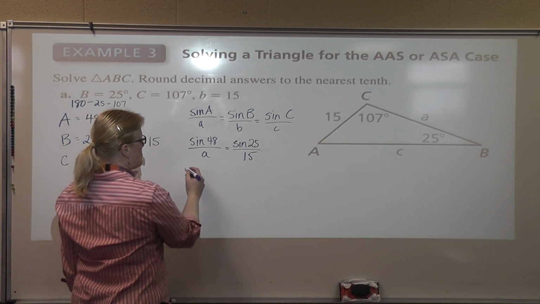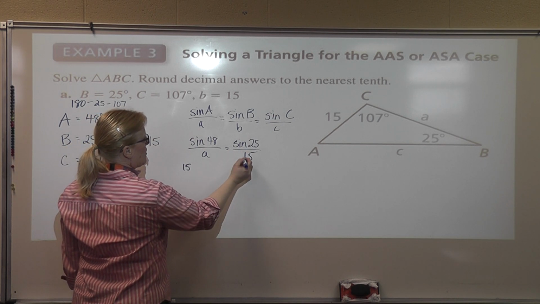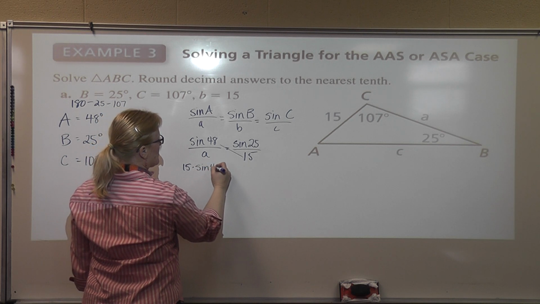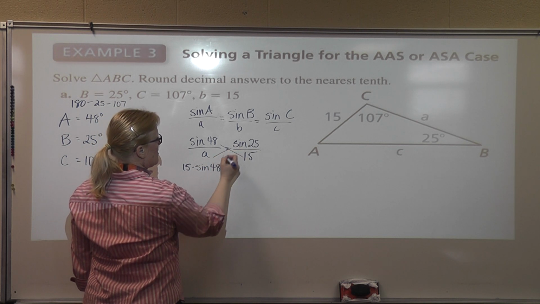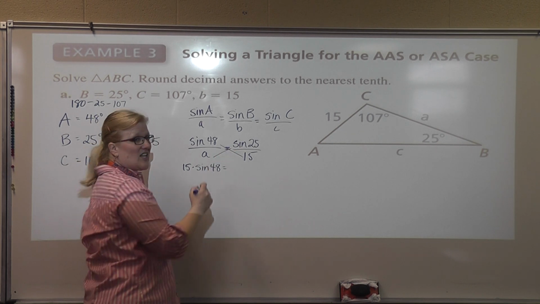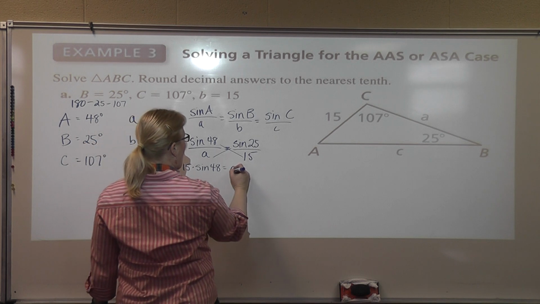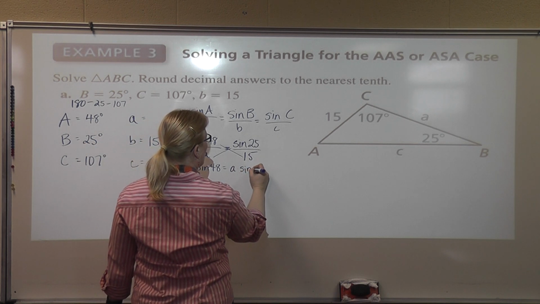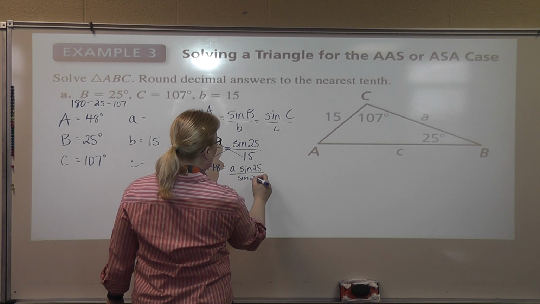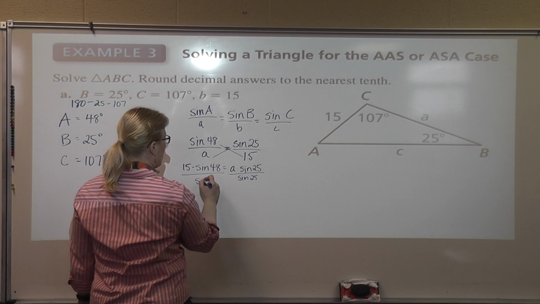I cross multiply, so I've got 15 times sine of 48 equals A times sine of 25. Remember, I can cross multiply because I have an equal sign. Divide both sides by sine of 25.